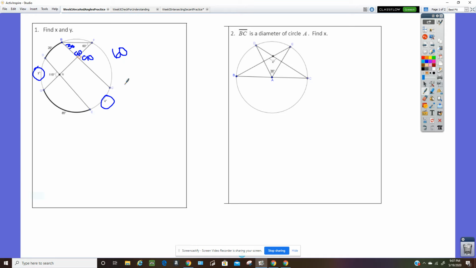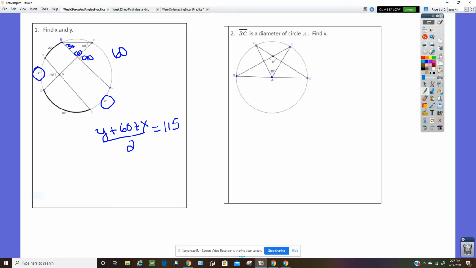And then see where we can go from there. So if this is 115, then this is 115 also. So we can write that y plus 60 plus x, so these two arcs added together and divided by 2, is 115.